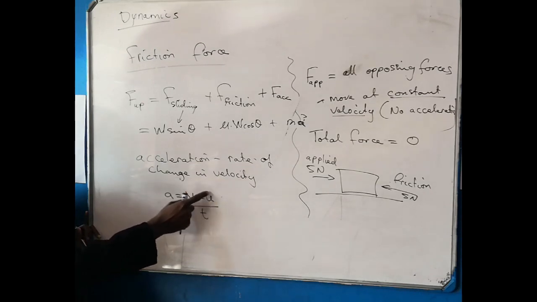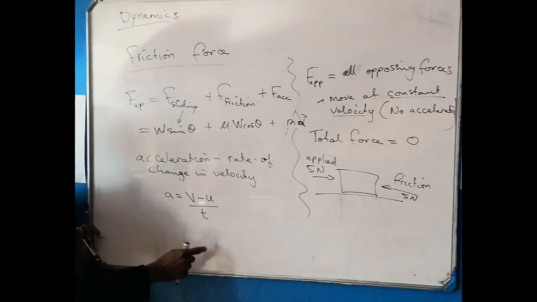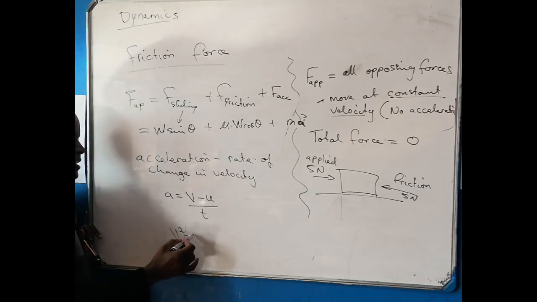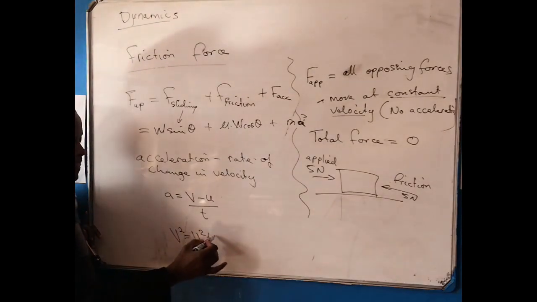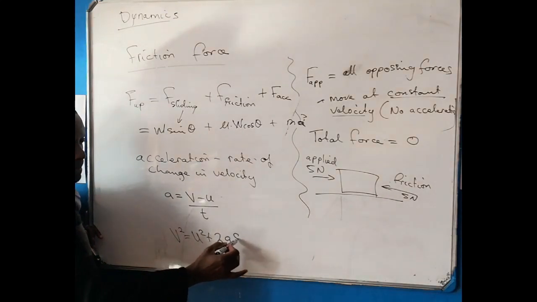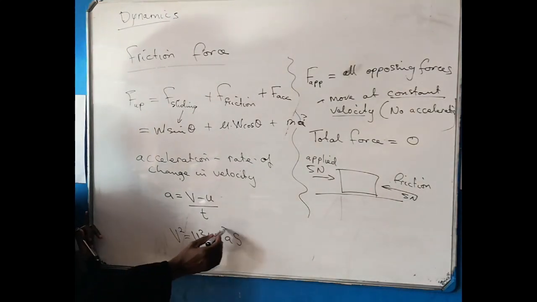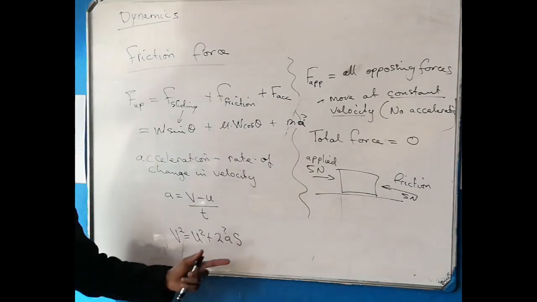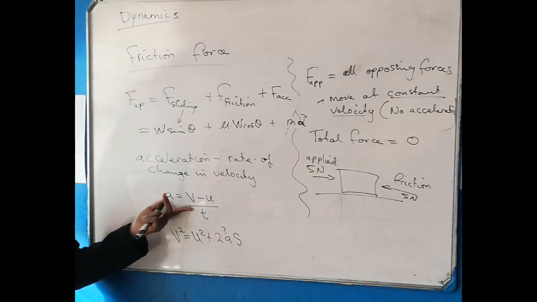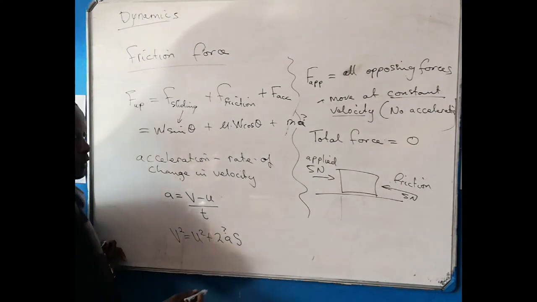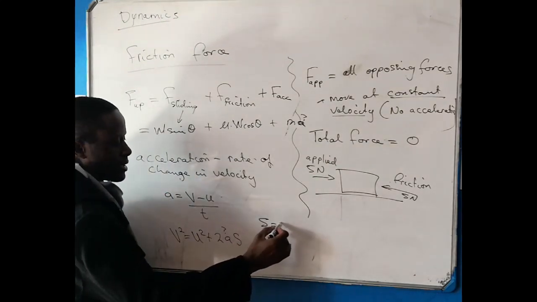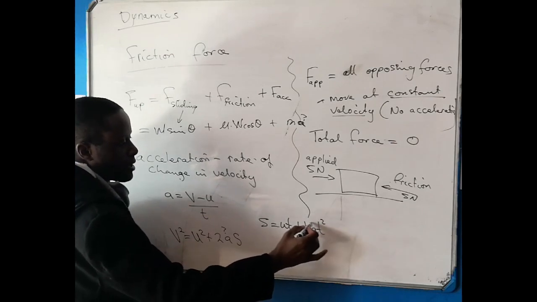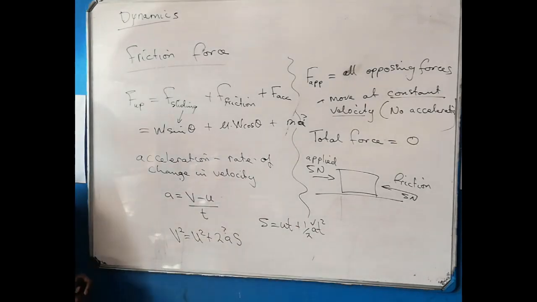There has to be a final velocity minus the initial velocity over how much time. We can as well use this other one when we are given the displacement, and we solve for our acceleration. That is just our acceleration. How do we get this acceleration? We can use this or we can use that, or we can use this other one, ut plus half at squared. We solve for that.